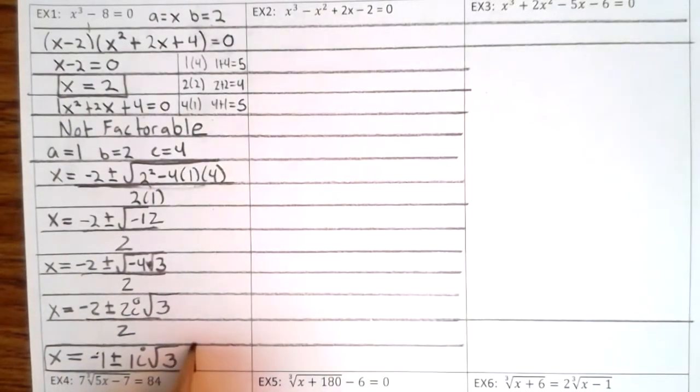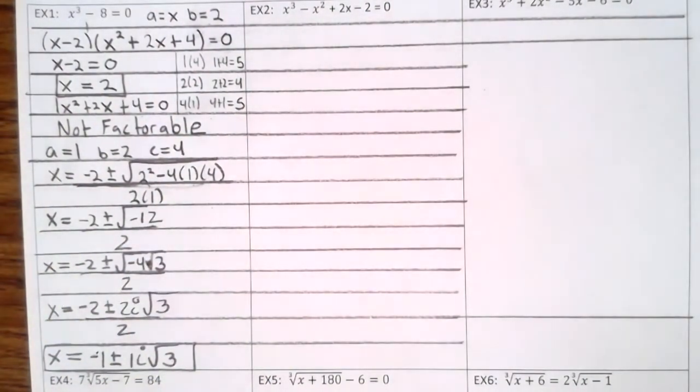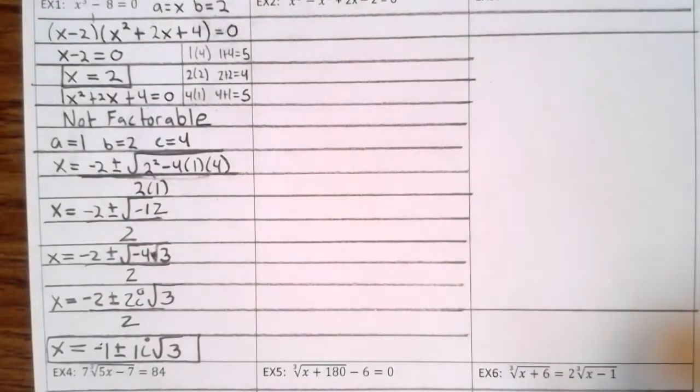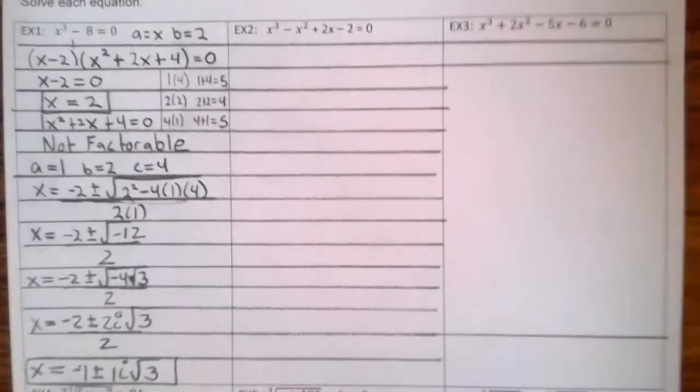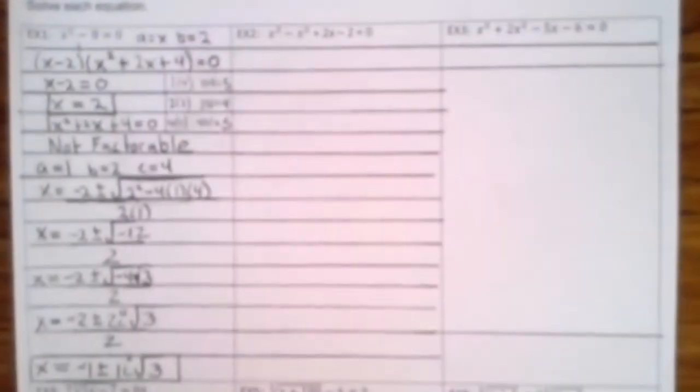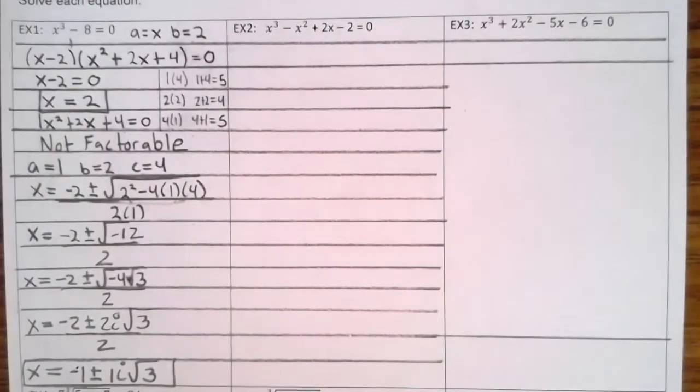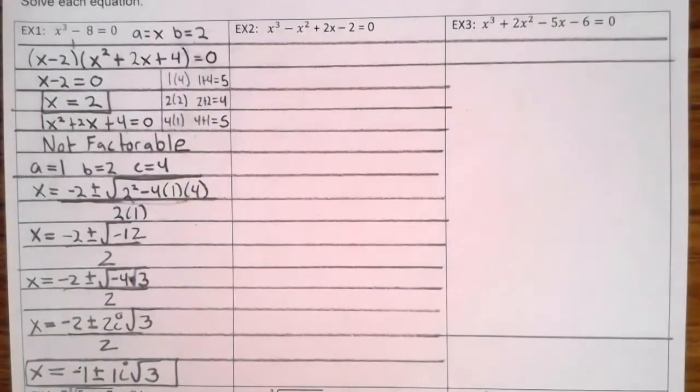All right, let's take a look at example 2. All right, now here I see there's 4 terms, so we're going to factor by grouping. So I can factor out an x squared from the first 2 terms, put a 1 here.